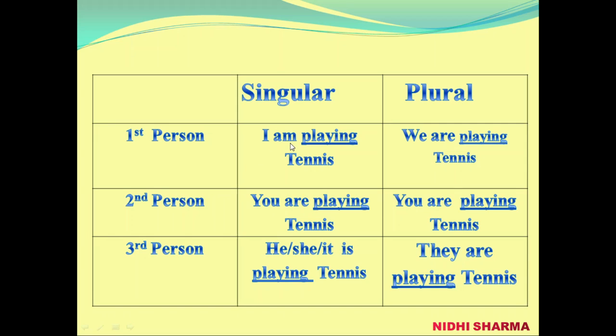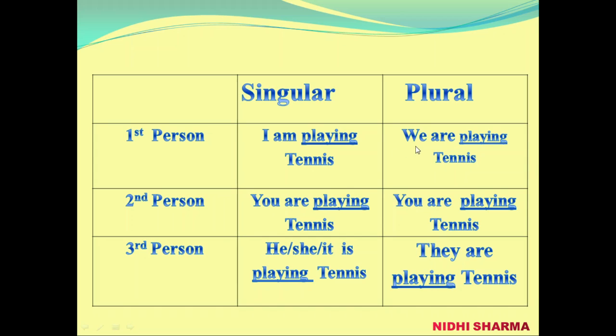Am is a helping verb which is always used with I in the present continuous tense. So when we have to change any sentence to present continuous tense and we have a first person I there, we use helping verb am plus we have to use the ing form of the verb. That is, we have to add ing to the word play to change it to present continuous tense.